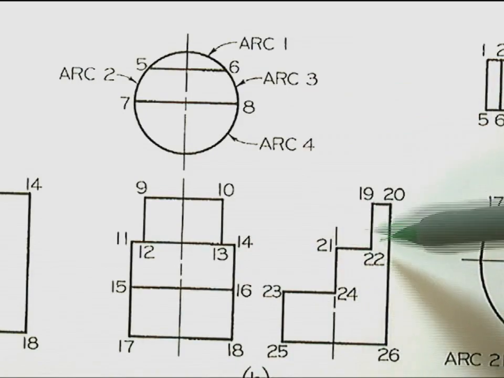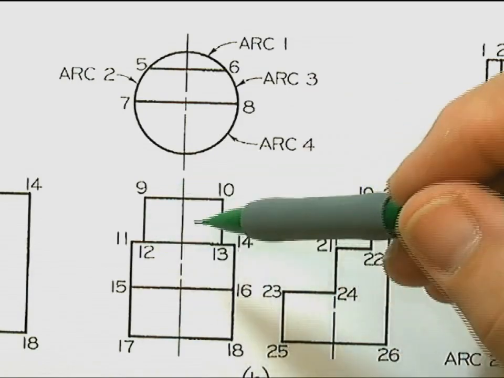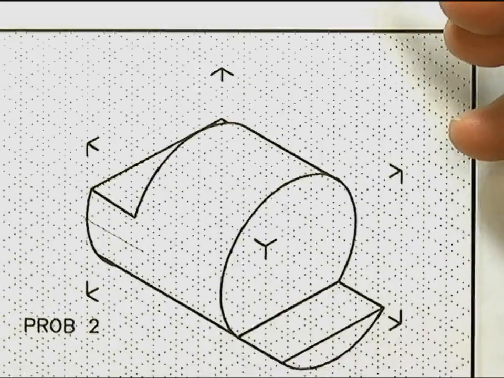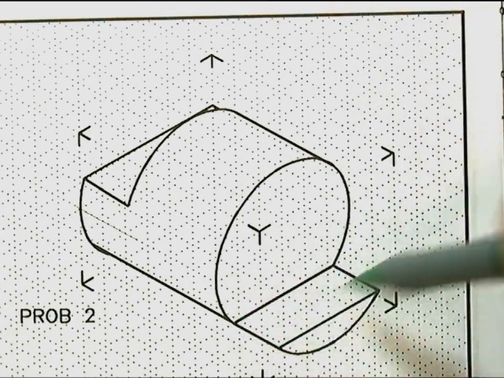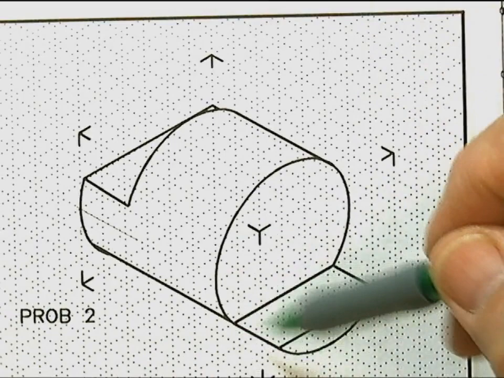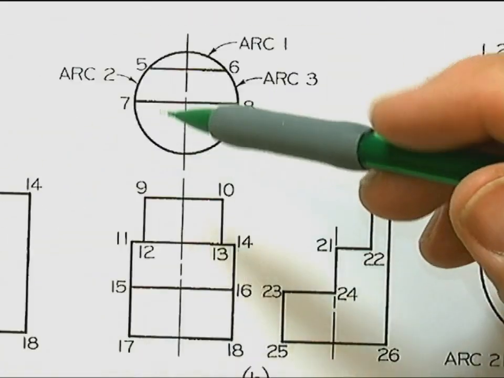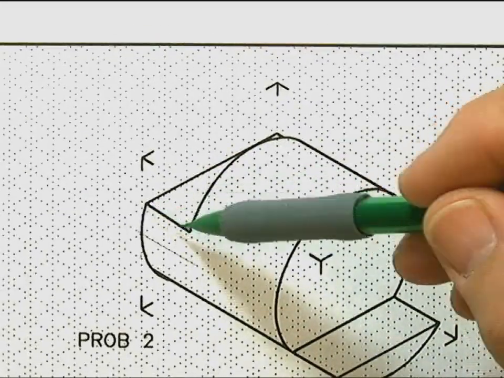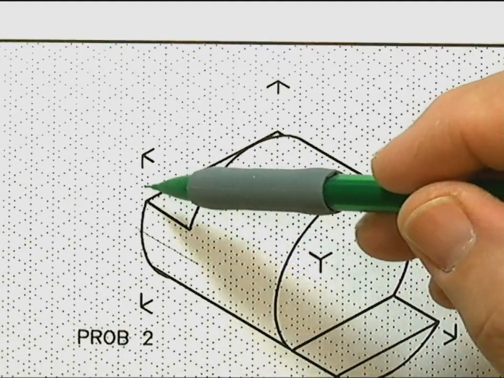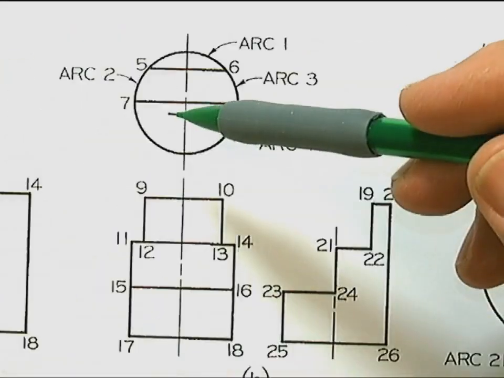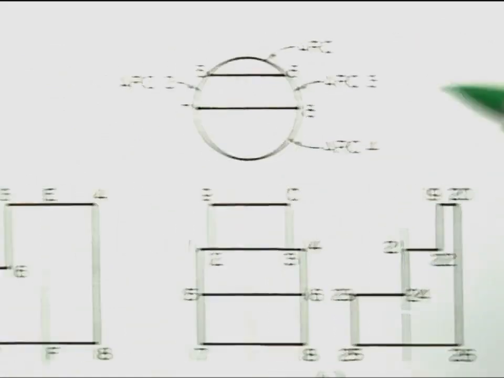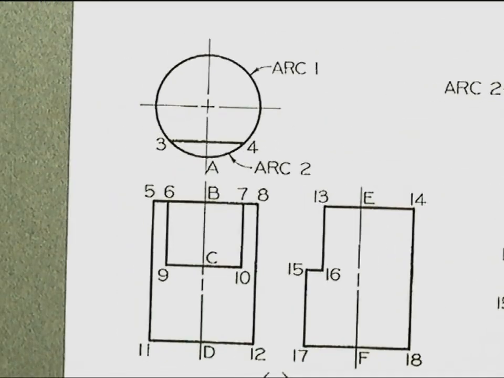So this shape here and here is what you have on problem 2. Here and here. This is just the same kind of look as what we have over here. Okay, keep that in mind.